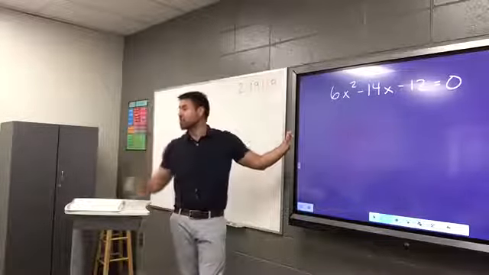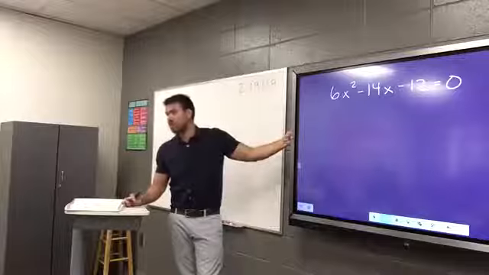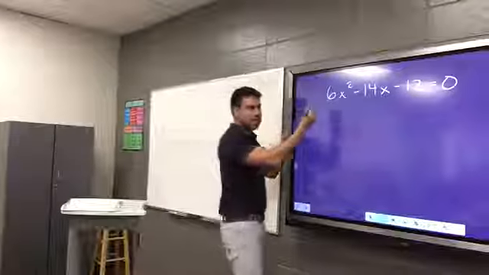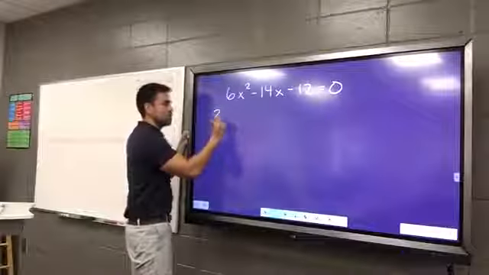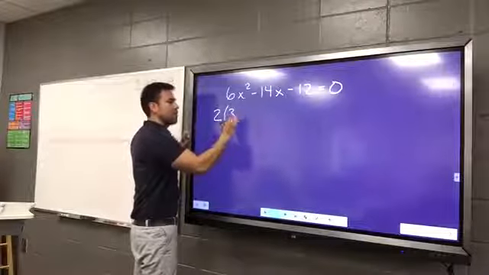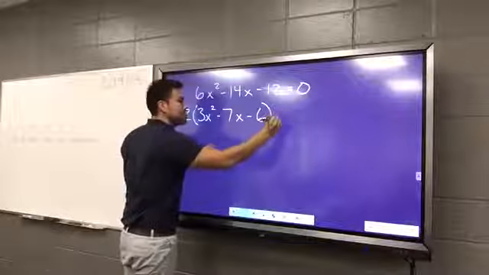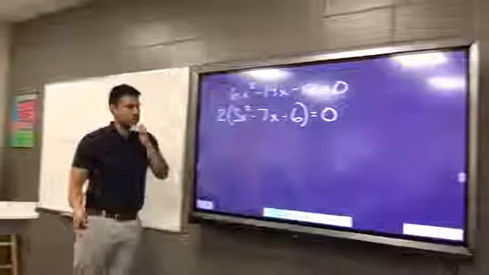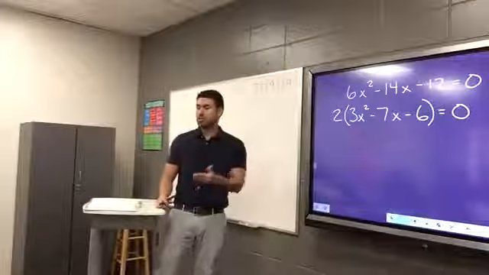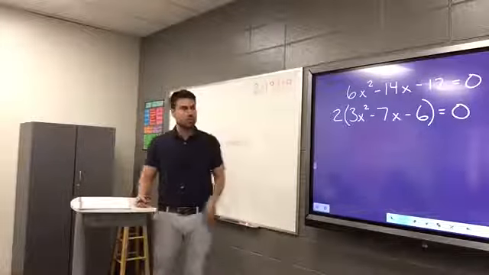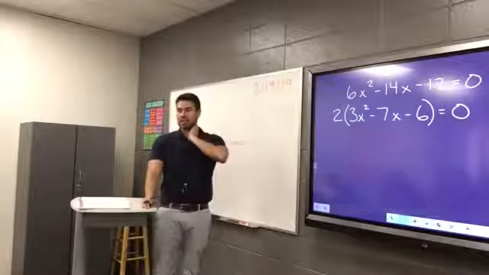You forgot that there's a GCF. What's the GCF on this left side? 2 is the GCF. What's left? 3x squared minus 7x minus 6. And that equals 0. Okay, factor the GCF. It makes your life easier because you're not dealing with big numbers. You're dealing with smaller numbers. Half the size of the first.